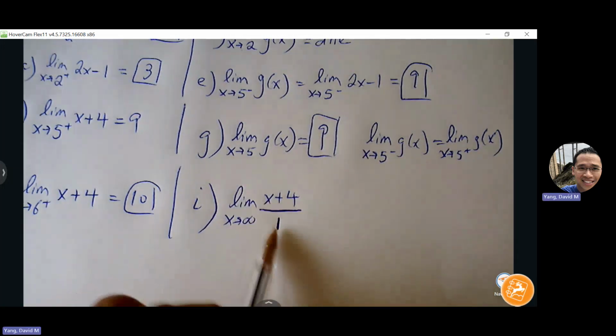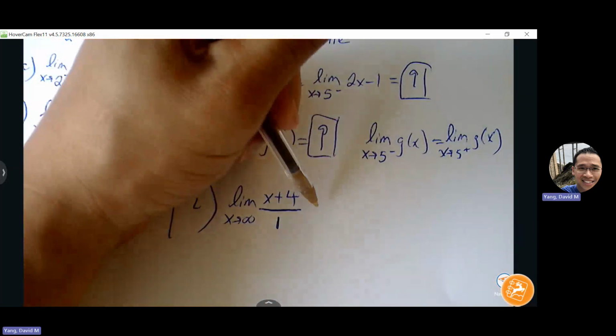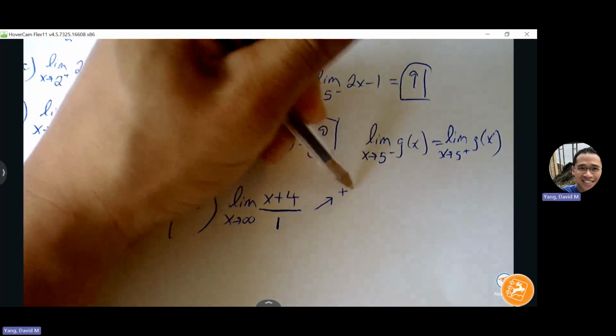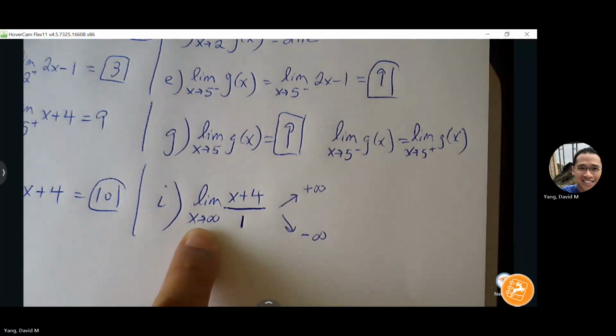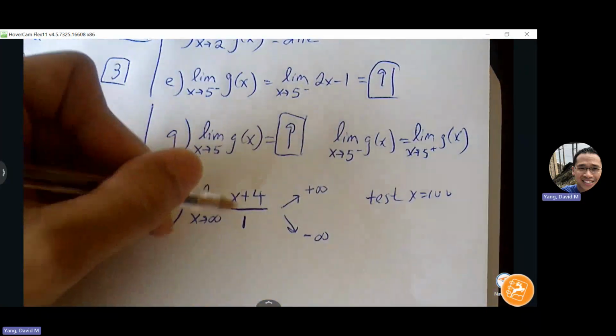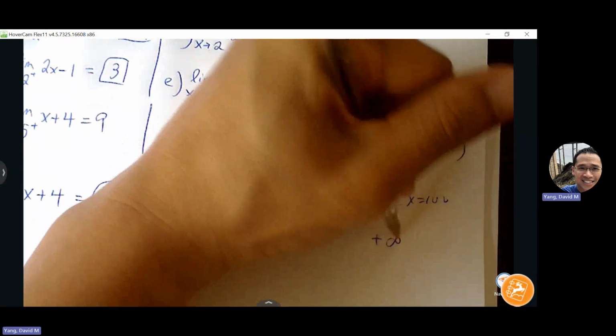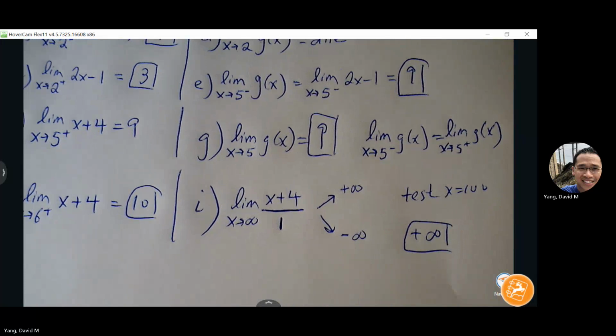This is x to the first power, this is x to the 0 power. Numerator wins out. So if my numerator has a higher degree, the options are either positive or negative infinity. Then you would test 100. Positive over positive is positive, so therefore positive infinity. If the limit is approaching positive or negative infinity, then you compare degrees.